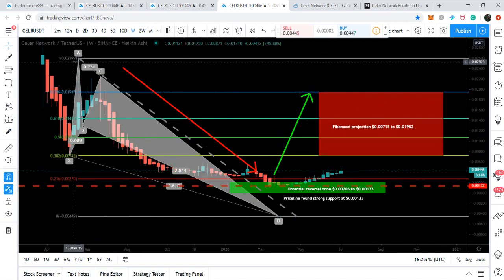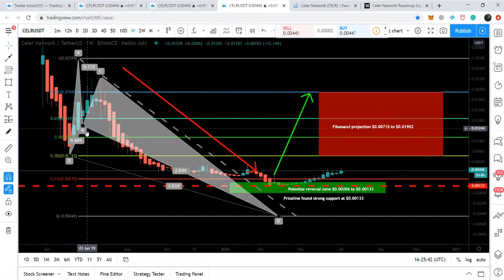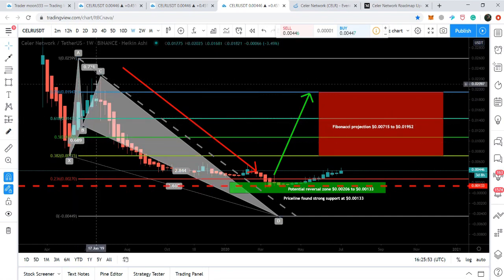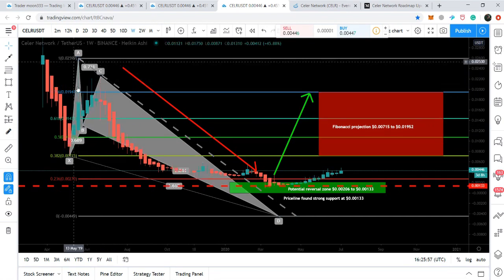And after the initial leg, the price action retraced between 0.618 to 0.786 Fibonacci retracement level. This is the first confirmation of the bullish butterfly pattern. And then we have the projection between 0.382 to 0.886 Fibonacci projection of the A to B leg.